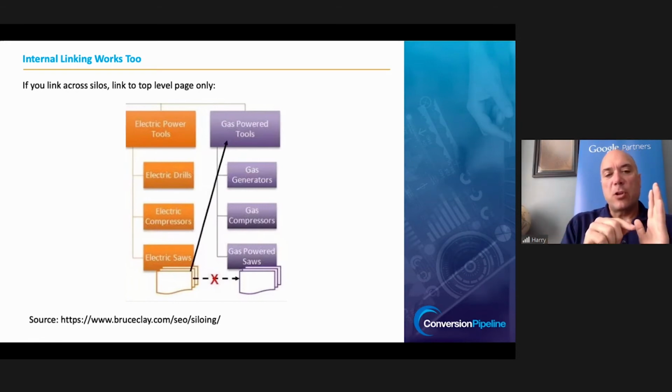So if you have a page, electric saws, and it only links to 1, 2, 3 other pages, that's good. It means it's pushing its PageRank to these 3 pages. But now, if electric saws is pushing out to this one too, now it's further diluting its PageRank, and we want to funnel that PageRank into its own thematic silo because it makes the pages therein more powerful.